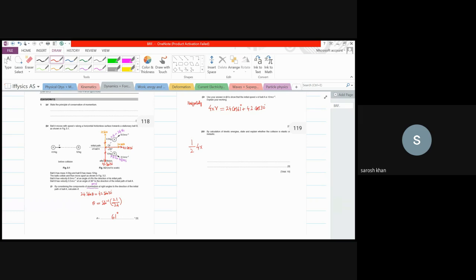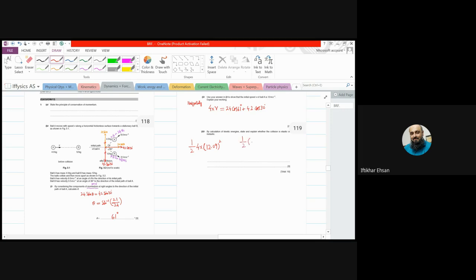I have 12.09. Yes, what is that? 12.09 meters per second. Okay, seems to be correct. 12.1 you can take. So this is the total kinetic energy before collision.